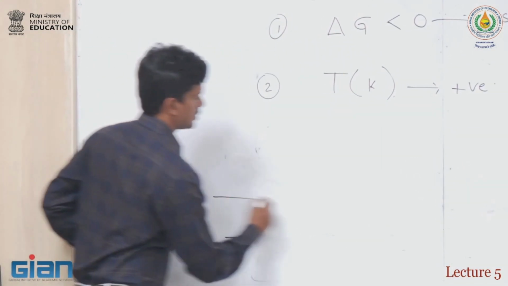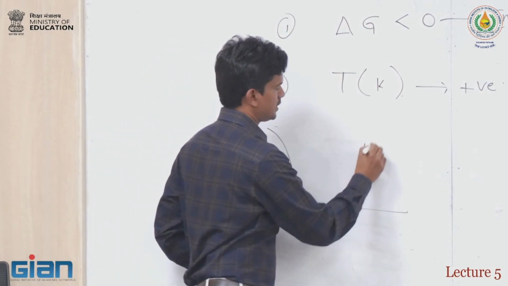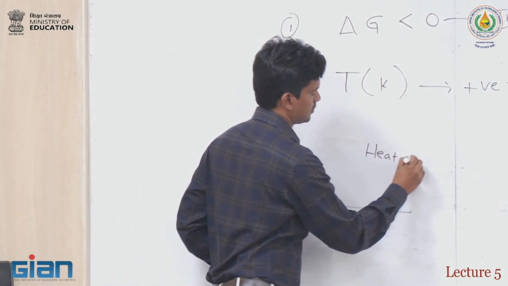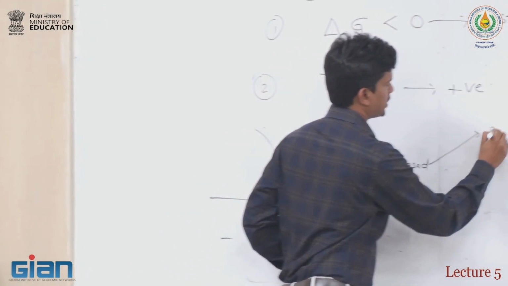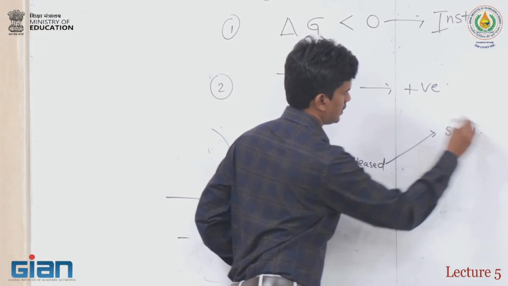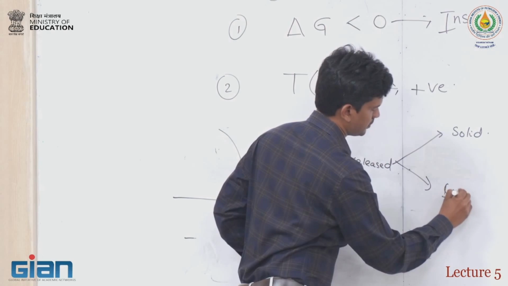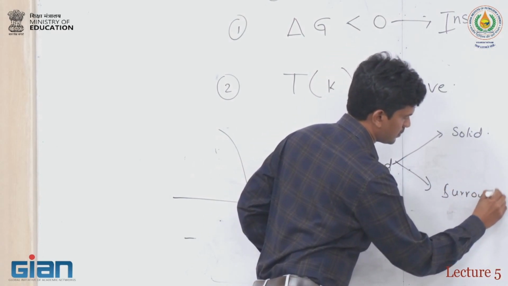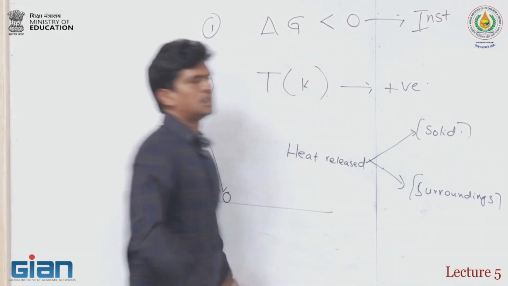So when a gas molecule comes and sits onto the surface, the heat releases. That's what we discussed. And this heat will be absorbed by the solid, maybe part of it, and part will be dissipated to the surroundings. Right? So we never know what happens.